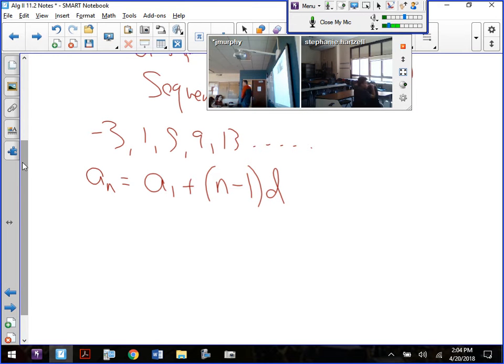If you notice, this winds up putting us into some format of basically slope-intercept form, because an arithmetic sequence is moving linearly, if that makes any sense.